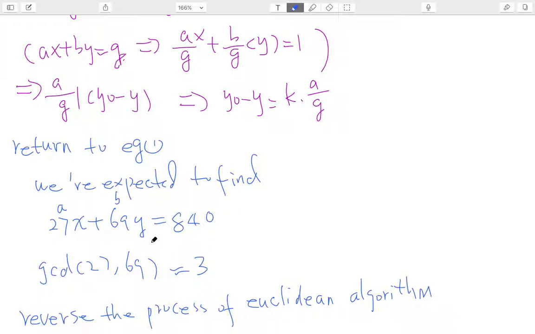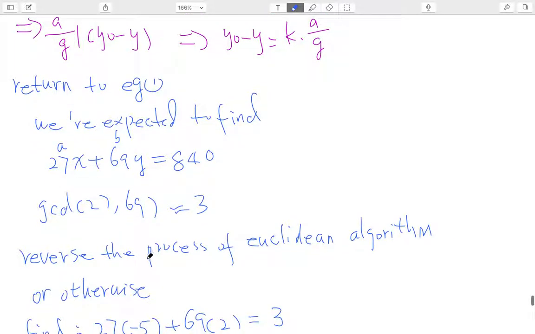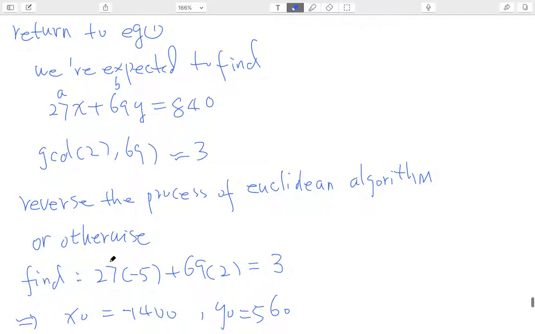And the greatest common divisor of 27 and 69 is 3. And then you either just by inspection, or you reverse the process of the Euclidean algorithm, and then you find a combination of ax plus by such that it is equal to the greatest common divisor.